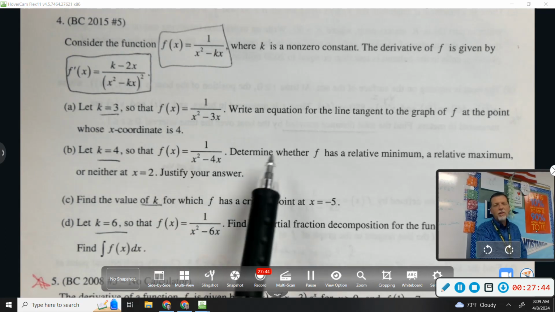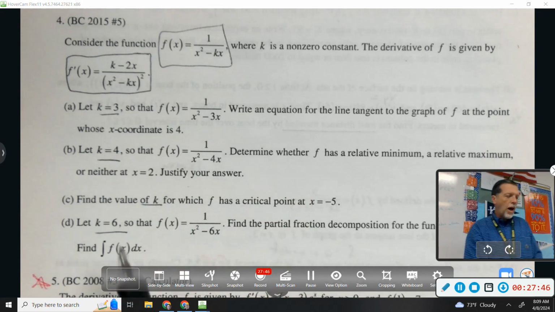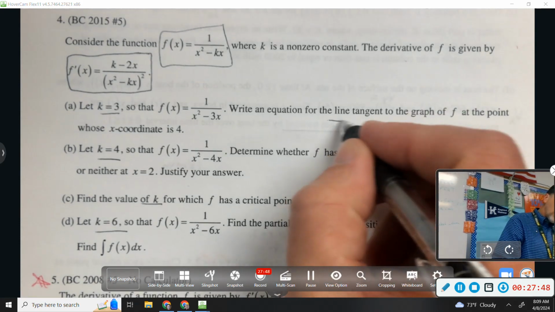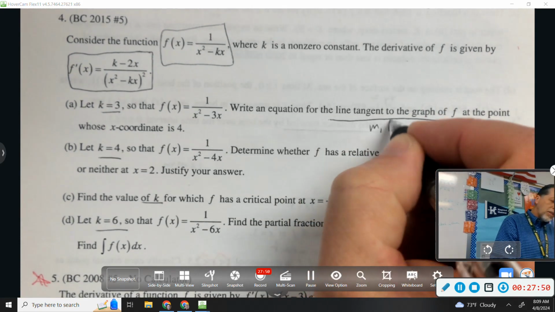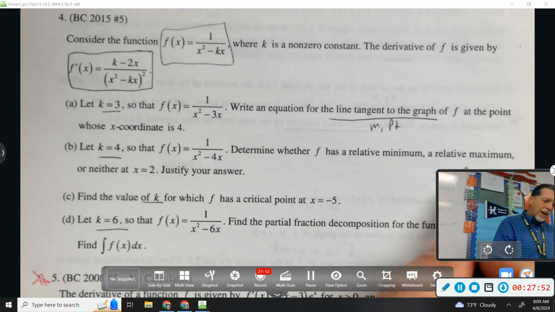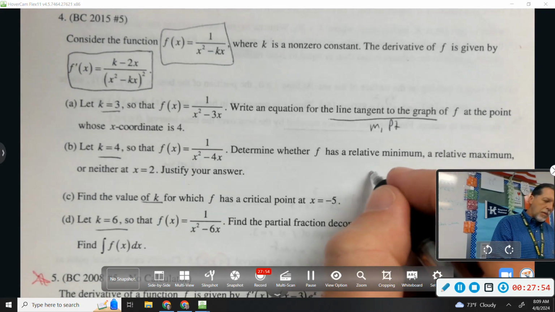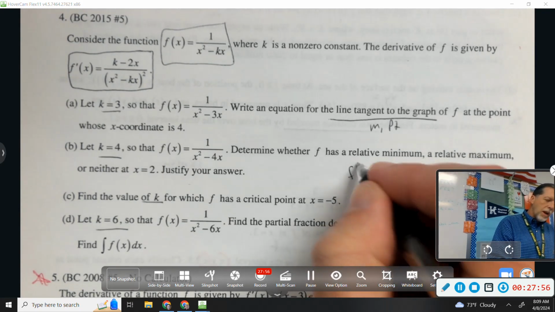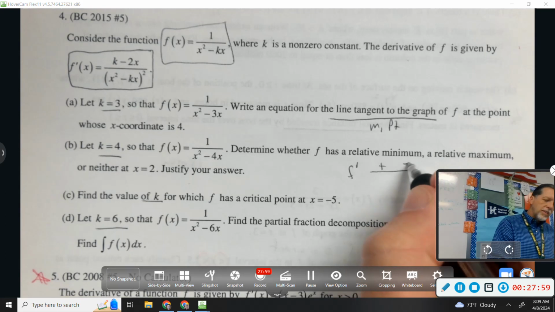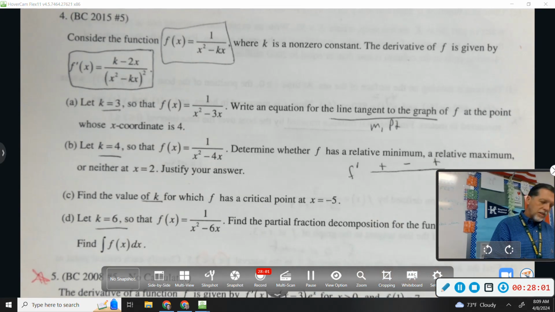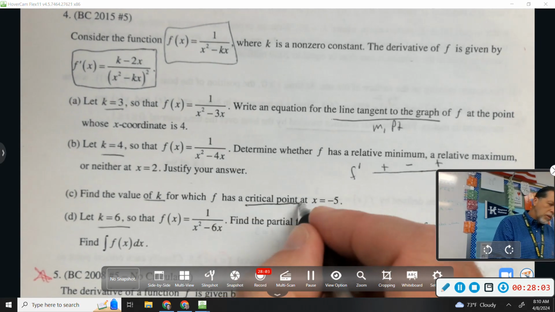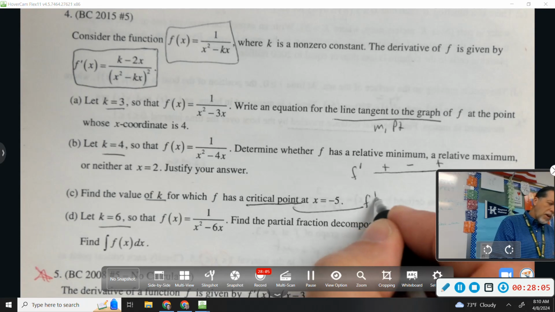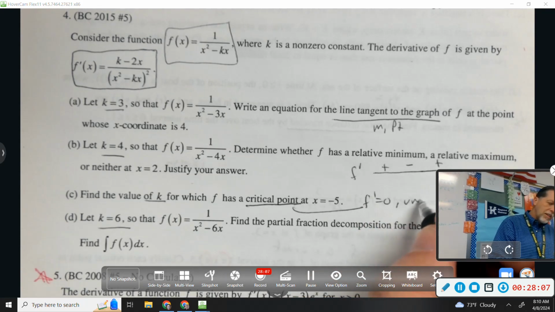Well, maybe not the hard part. Your job now is, well, how do I use that? So a tangent line, well, that's point and slope. Min, max, or neither. That's probably a table with f prime changing from positive to negative or negative to positive. Critical point. That's f prime equals 0 or undefined.